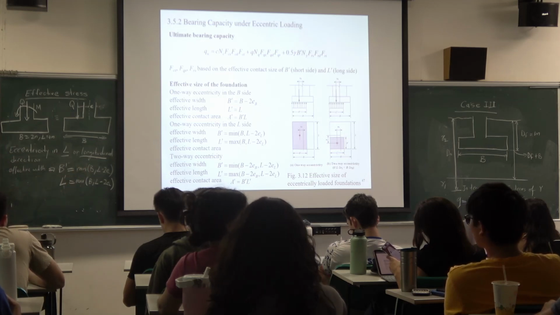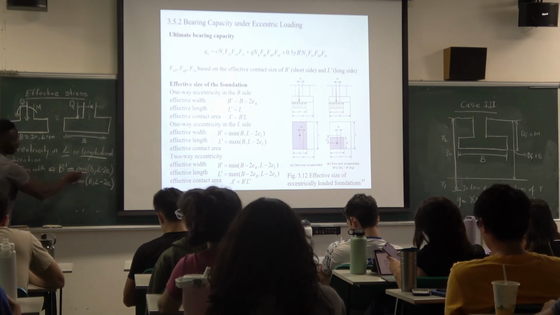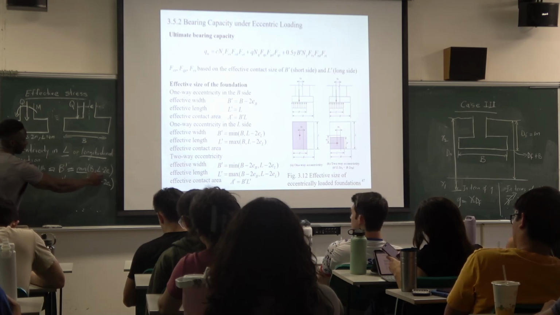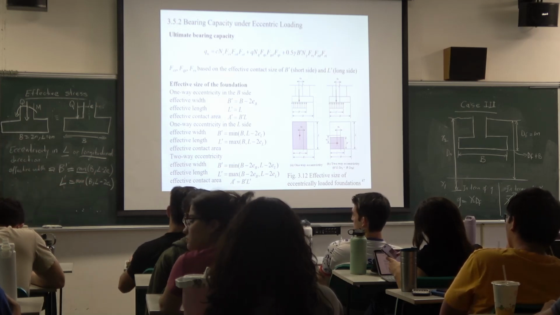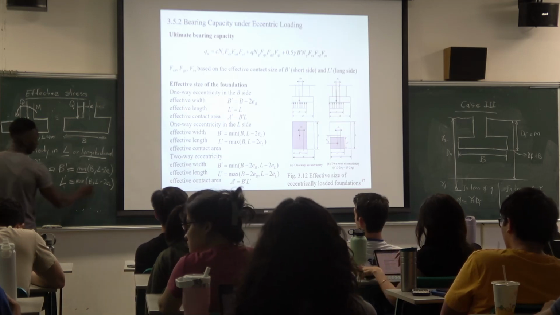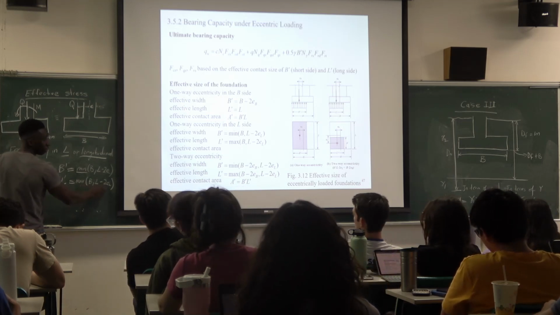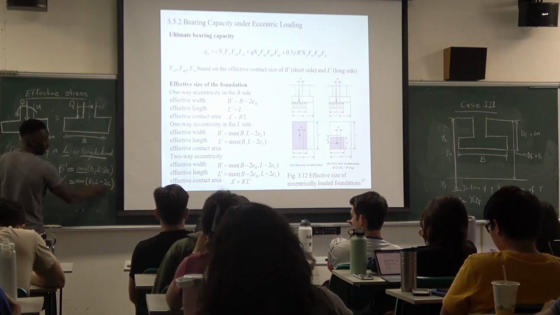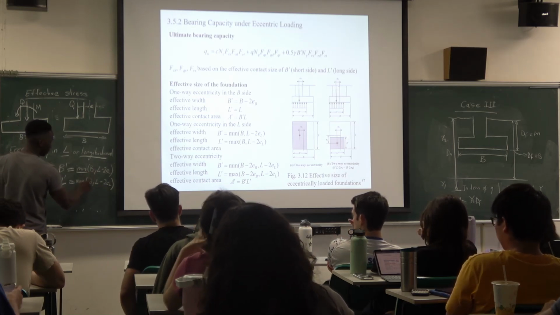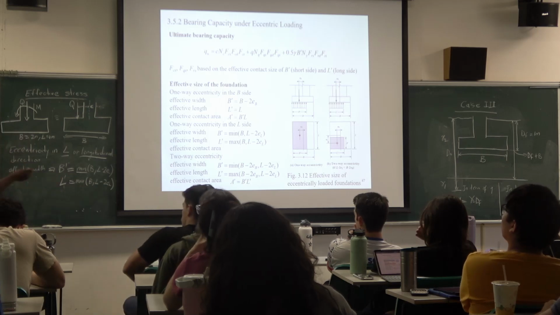The shorter side needs to be the width and the longer side needs to be the length. So that's why you use the minimum of B and this value, and the L prime is the maximum, the bigger one of the two. So if the length minus 2e is smaller than the width, then this will change to the width, and this will be my width. Okay, so it's a very simple logic.